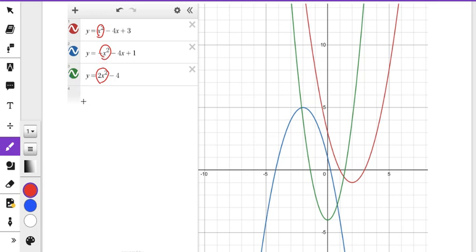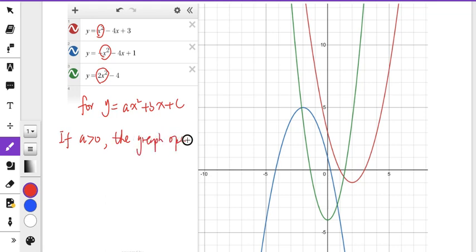So it's easy to tell. For the function ax squared, as we know this is a standard form, if a is greater than 0, then the graph opens up. And if a is less than 0, then the graph opens downward, right?